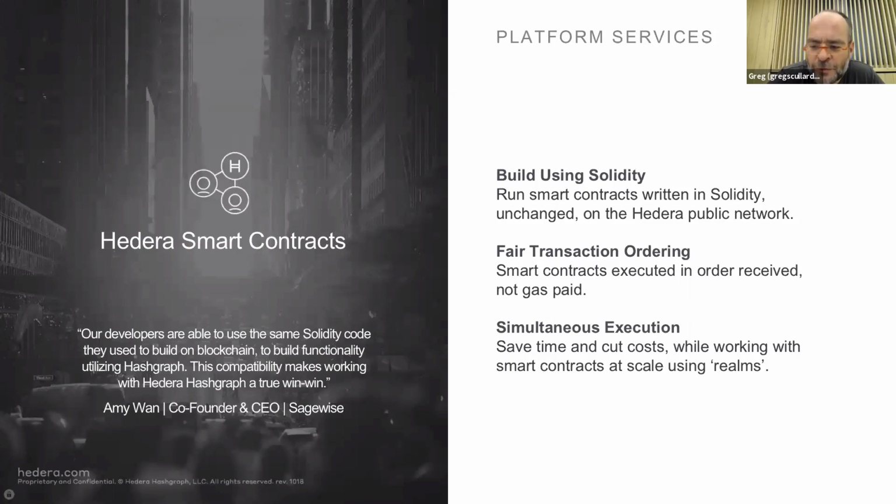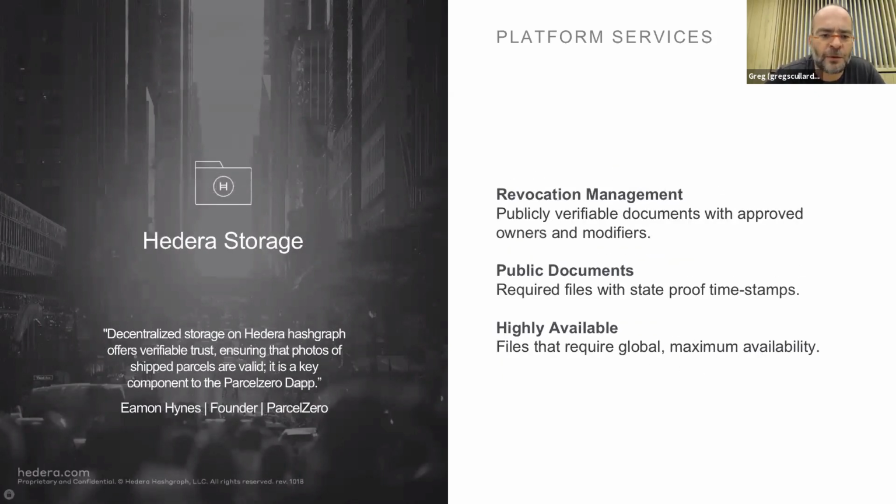So within a shard, we can have multiple realms, and each of those realms is able to run smart contracts simultaneously. So two smart contracts can run in two different realms at the same time, which gives us a scale that is not otherwise possible within a given shard. Realms are not currently available, as far as I know, but they will be eventually.